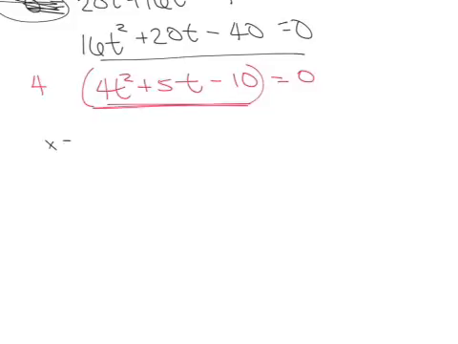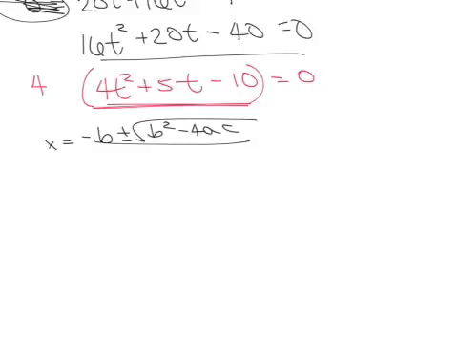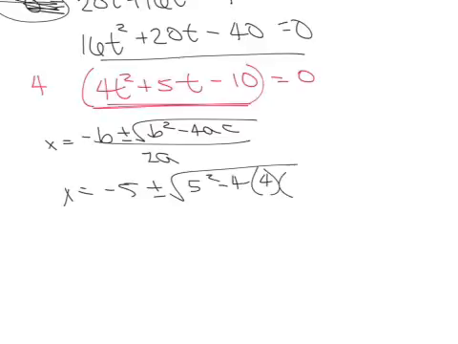So x equals negative b plus or minus the square root of b squared minus 4ac all over 2a. So x equals negative 5 plus or minus the square root of 5 squared minus 4 times a times c all over 2a.